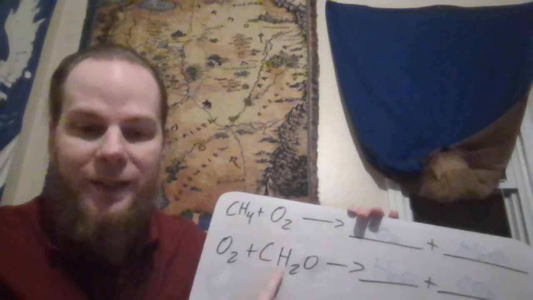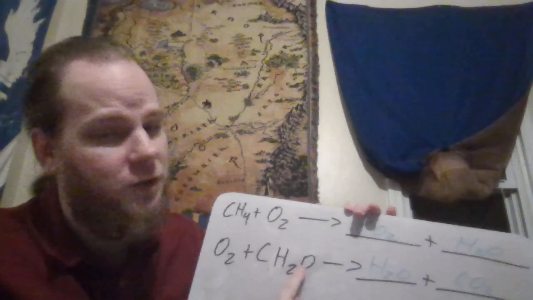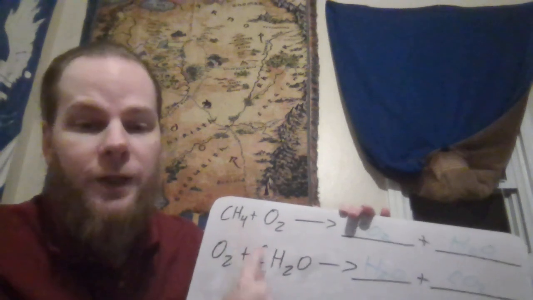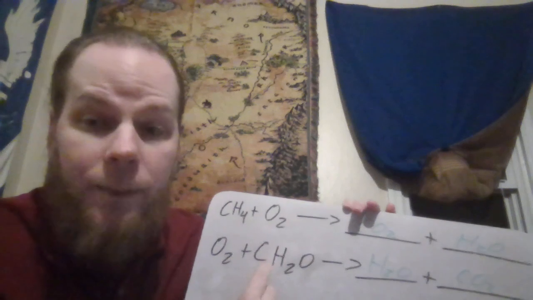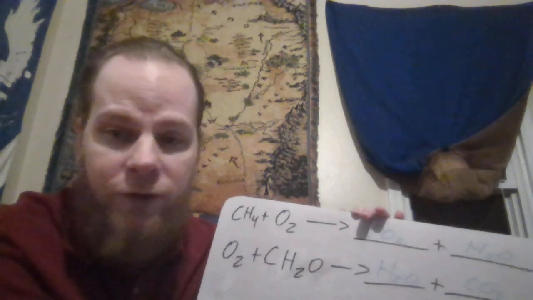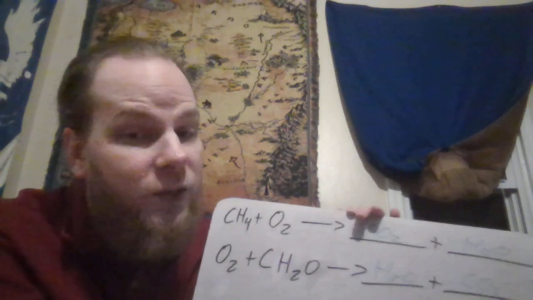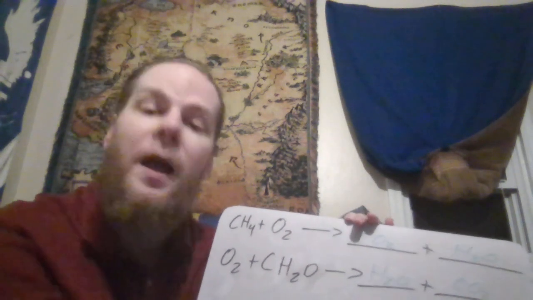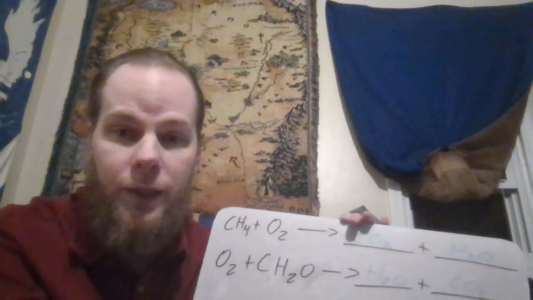The nail in the coffin is you look at the other reactant. Does it have carbon and hydrogen in it? Maybe oxygen. Not always, but definitely carbon and hydrogen. If it has carbon and hydrogen in it, that is an organic molecule, and that is a combustion reaction. If you look at all the combustion reactions, every single one of them has an organic molecule and oxygen gas.